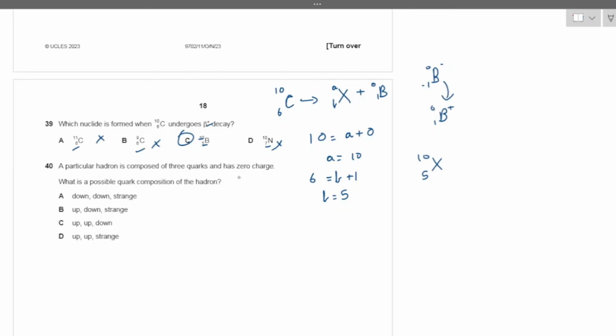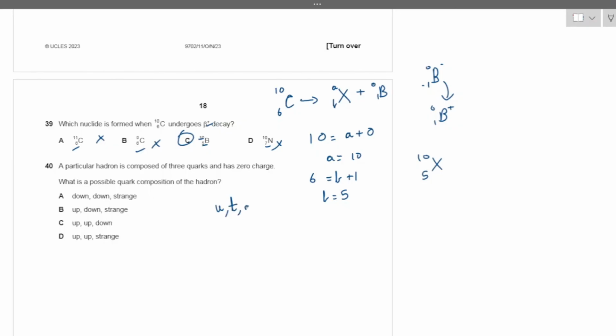Question 40. A particular hadron is composed of three quarks and has zero charge. What is a possible quark composition of the hadron? For such questions, it is always good that you note down the charges on the quarks, just to avoid messing up.